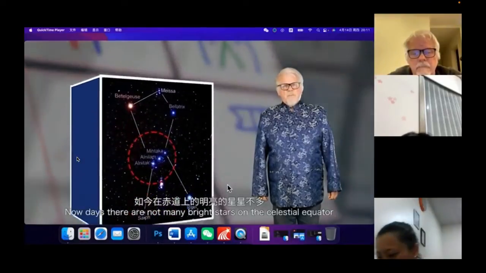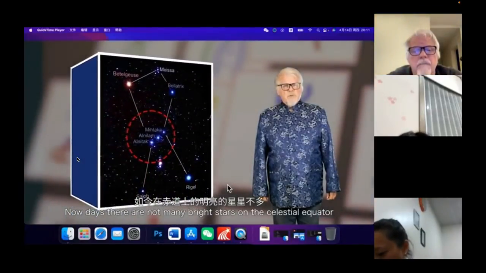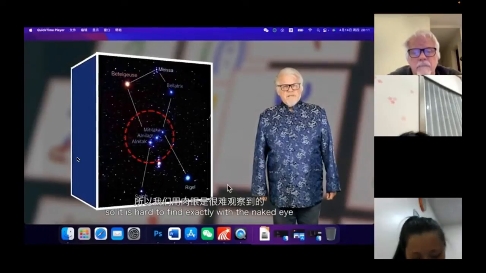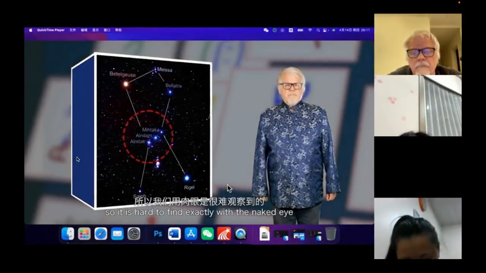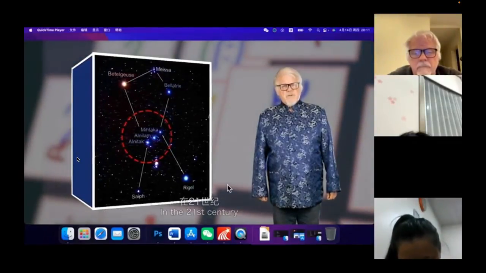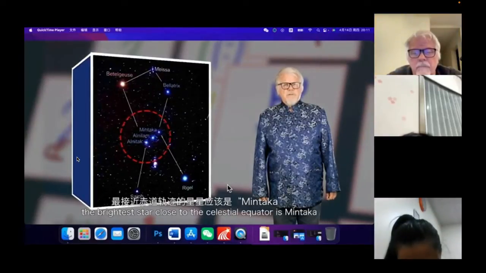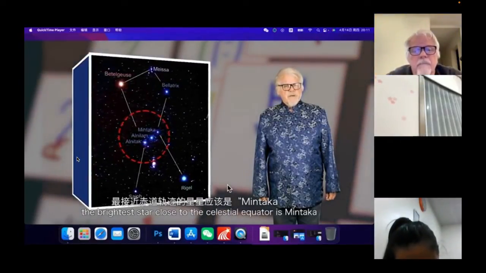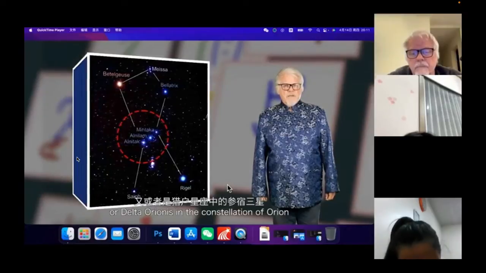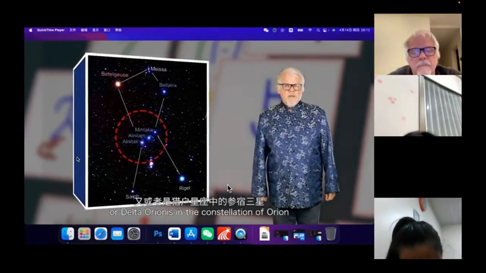Nowadays, there are not many bright stars on the Celestial Equator, so it is hard to find exactly with the naked eye. In the 21st century, the brightest star close to the Celestial Equator is Mintaka, or Delta Orionis, in the constellation of Orion.